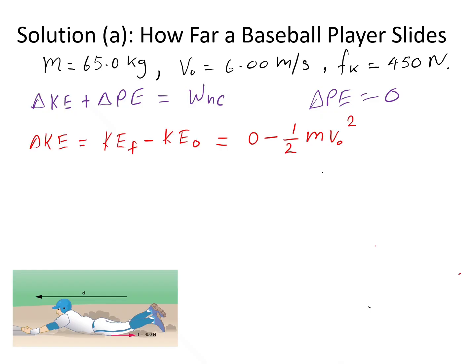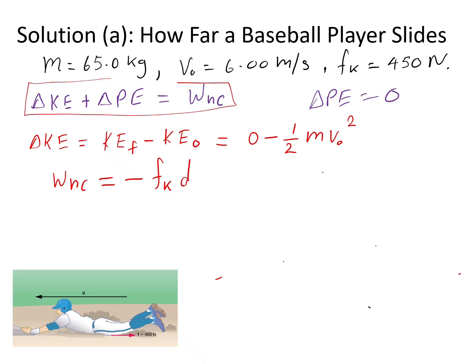Friction does negative work, so W sub NC is equal to negative frictional force Fk times d. If we substitute these into our energy equation, we get 0 minus half m v naught squared, plus 0 for the change in potential energy, equals negative Fk d.